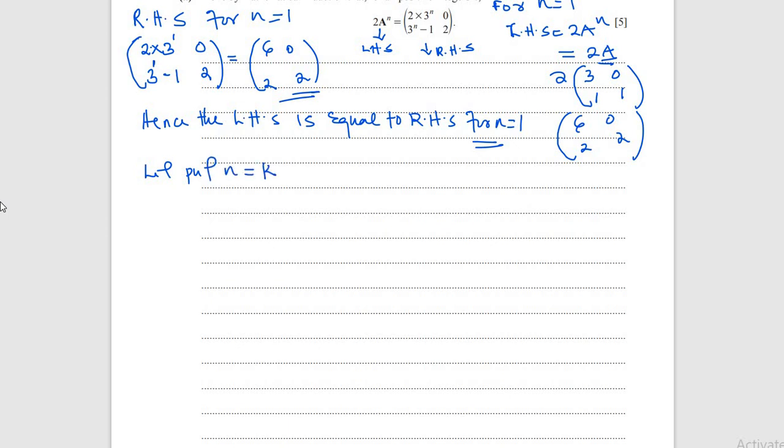For n equal to k, it will be 2A raised to the power k equal to the matrix 2 times 3 raised to the power k, 3 raised to the power k minus 1, 0, 2.